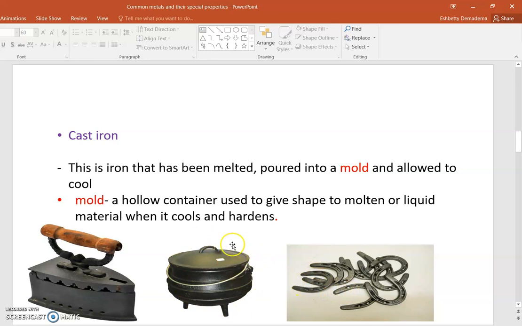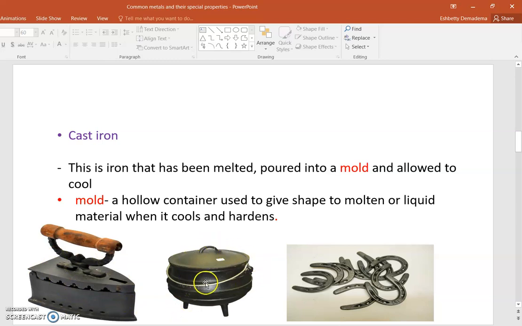If you have this pot at home, or if you've got an iron like that at home, I want you to go and observe it. Open the pot and you'll find that the inside of the pot is rusting. Or maybe if you've got that iron, you find that at times you get patches of rust here. Why is this rusting?